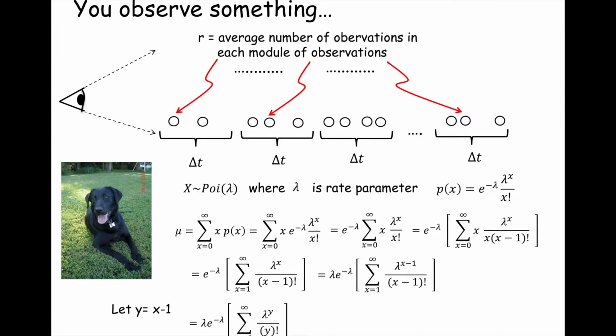Does that make sense? So I'm just changing variable from x to y, and I'm just propagating the result of that change to update my equation. So now I look at this, and I said, wait a minute, that looks a lot like a Maclaurin series, and it is actually a Maclaurin series. That's the Maclaurin series for e to the lambda.